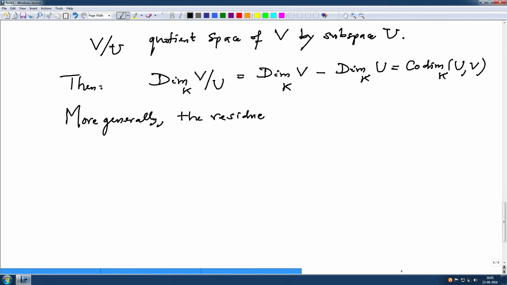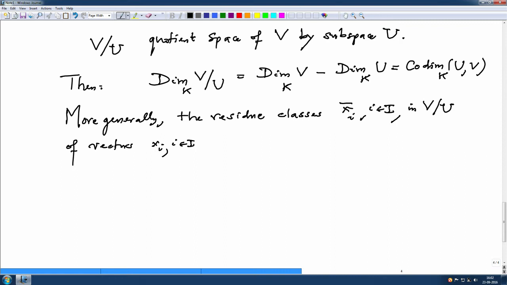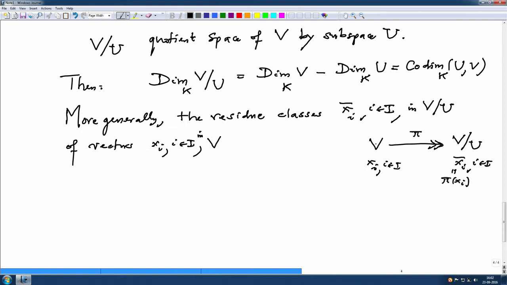They are the cosets of U in V. Residue classes xi bar in V by U are the residue classes of vectors xi, i in I, in V. So, we have the xi's and we have a natural map, the pi map, that goes to V by U. This map is surjective, we know, and these xi's go to xi bar here, or we also denote it by pi of xi, and any element of V by U comes from somebody via pi.